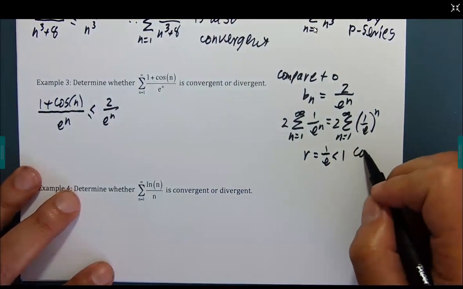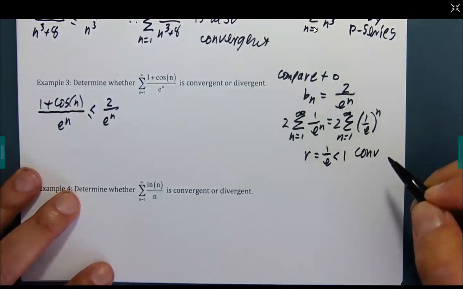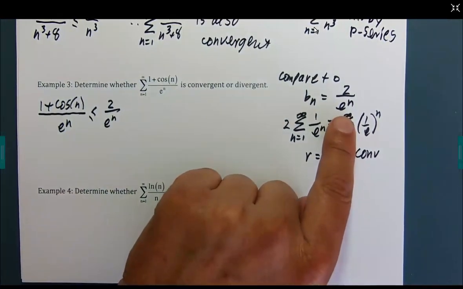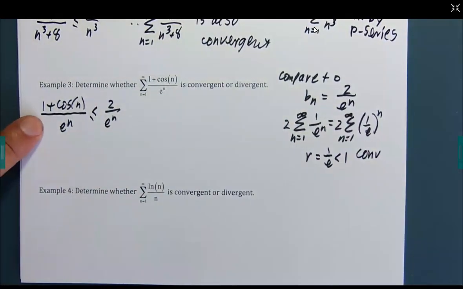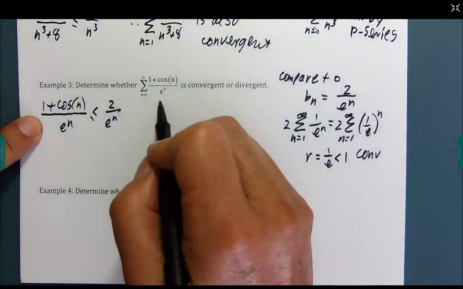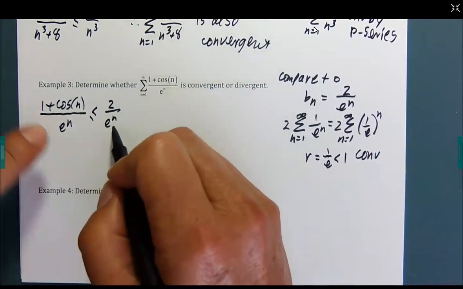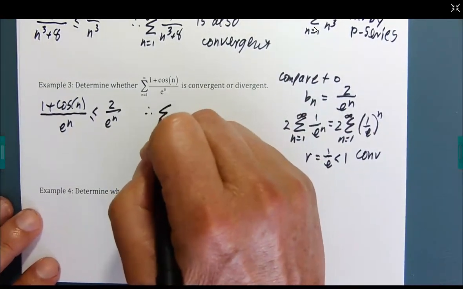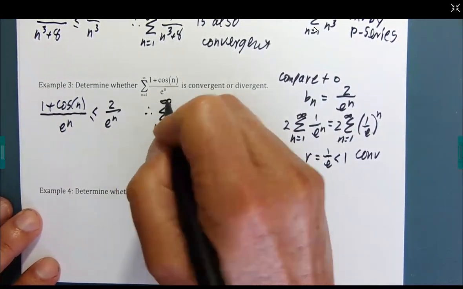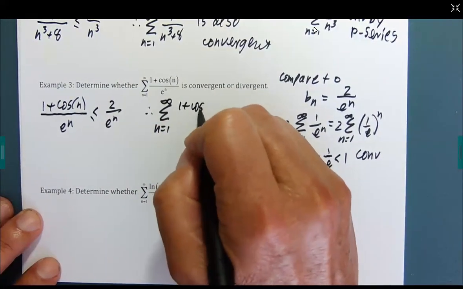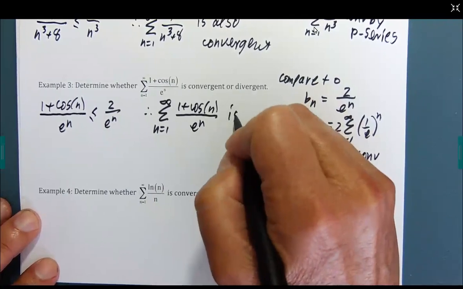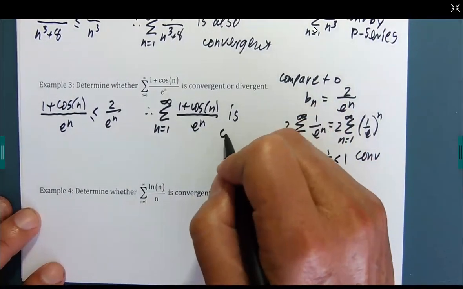So it's convergent. So we have what we're comparing it to is convergent. The original function, this here, a sub n, is always going to be less than our b sub n. Therefore, our original is convergent.